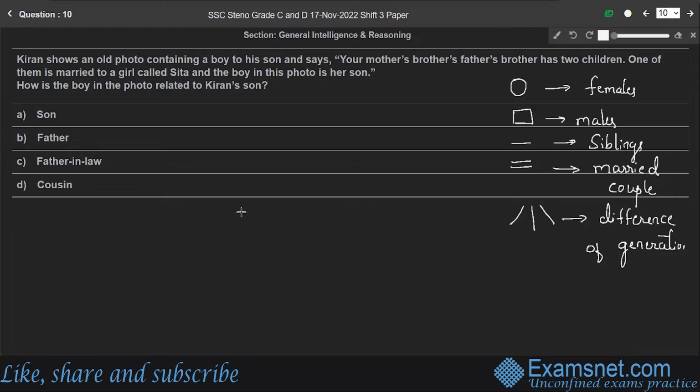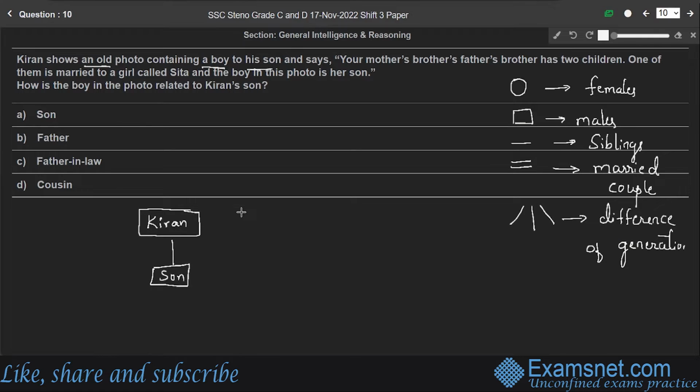Right? So let us come to the question now. Kiran shows an old photo containing a boy to his son. So Kiran is showing an old photo to his son. We'll consider the person Kiran, who is a boy, and his son. He has a son, Kiran's son.